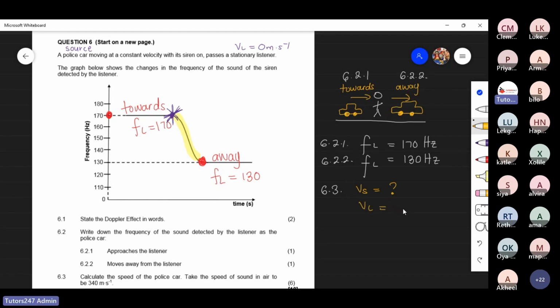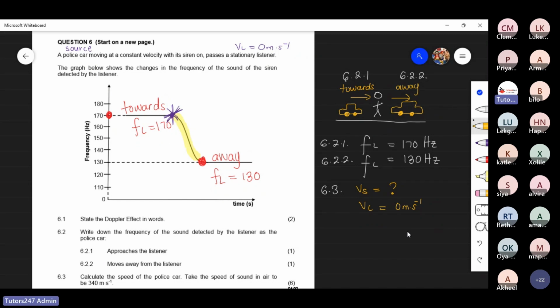We were told that the listener is stationary, meaning that there is a 0 meter per second velocity. We just pulled the values from the graph for the frequency of our listener in both the towards situation and the away situation. So for now, I'm not going to write those values because they are already there.